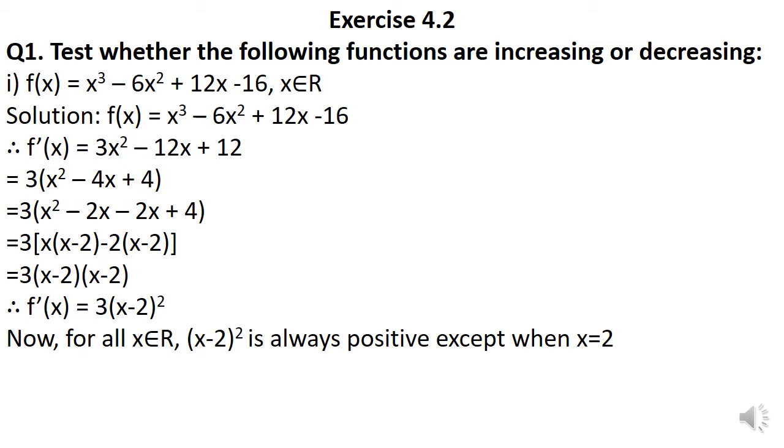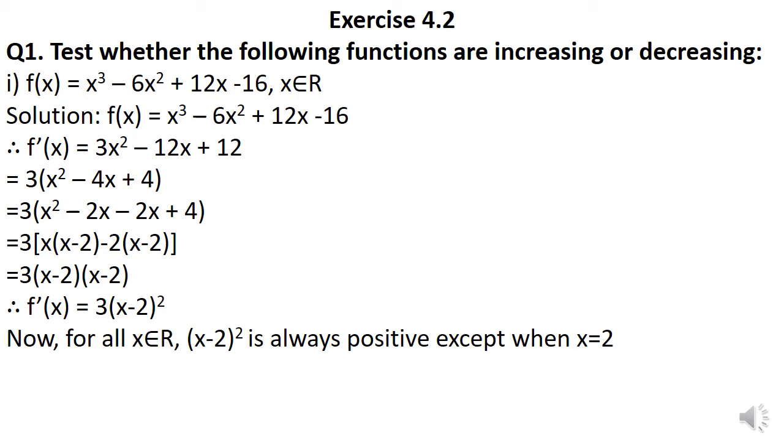Now for all real numbers x, for all x belongs to R, the square of any real number is always positive. So (x minus 2) the whole square is always going to be positive except when x is equal to 2. Think in your mind. Suppose x is 2, then the bracket would become x minus 2, that is 2 minus 2, which is 0.